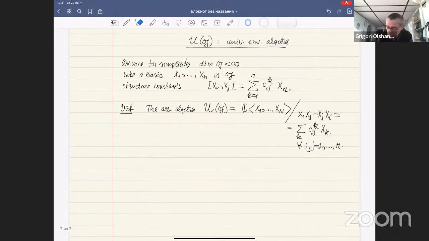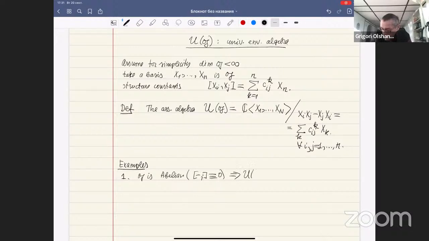So some examples. If our bracket is trivial, so the structure constants are equal to 0, then what we get is the algebra of polynomials in n variables. So G is commutative, or abelian, meaning that the bracket is identically equal to 0.